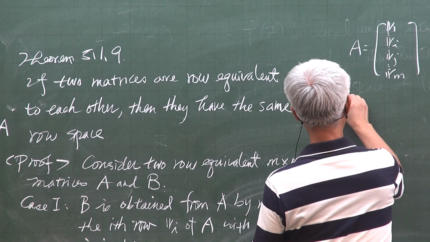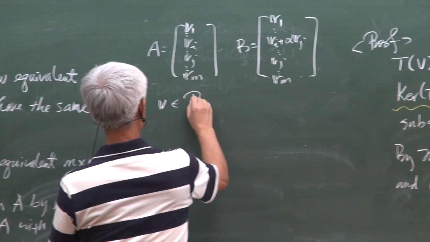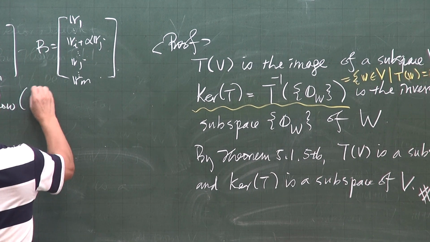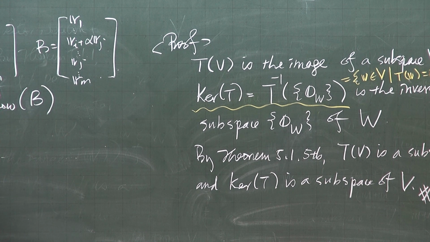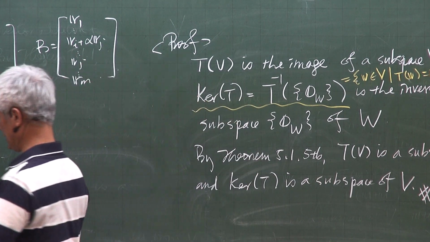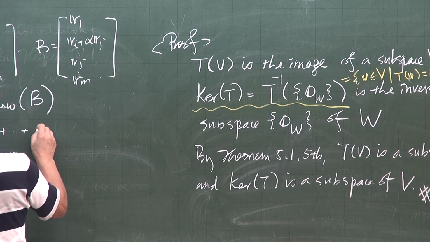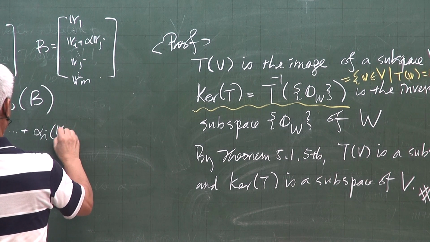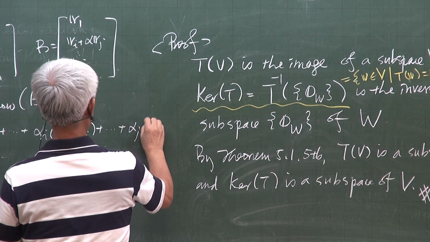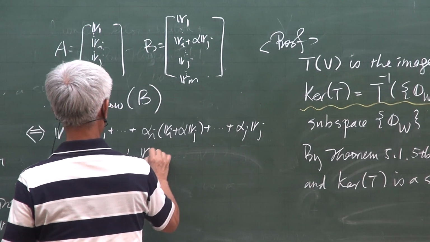All right, so V is in the row space of B if and only if V can be written as alpha 1 R1 plus ... plus alpha i (Ri plus alpha Rj) plus ... plus alpha j Rj plus ... plus alpha m Rm.